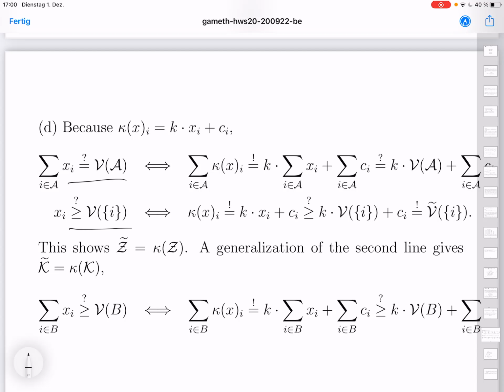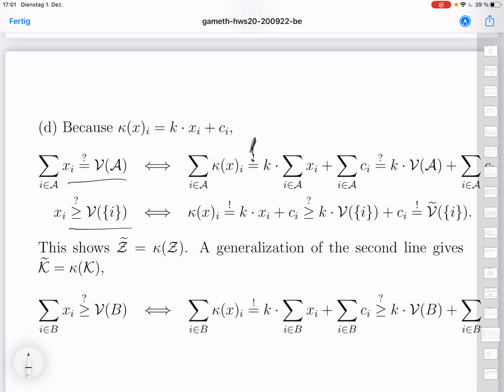And we want to see that they're equivalent to the corresponding conditions for the vector kappa of x for the second coalition valuation. So the sum of the values kappa of x, by the definition of kappa, is equal to the sum here.